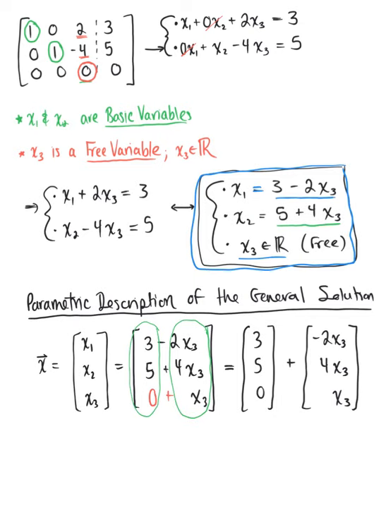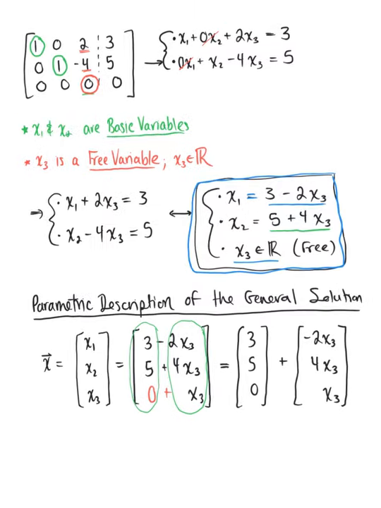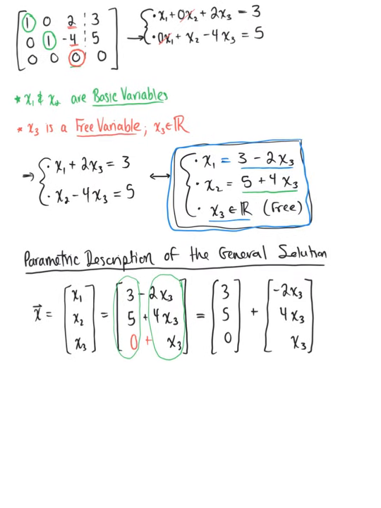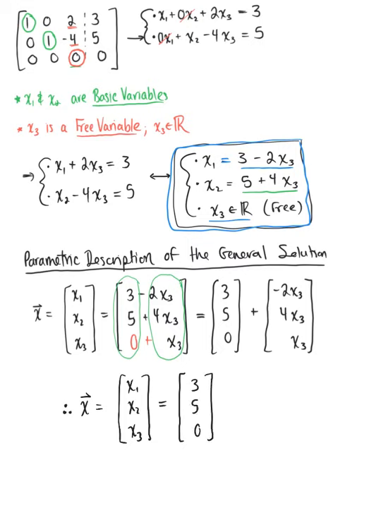But again, we wouldn't leave it like this. We wouldn't want to leave our final answer like this on a test. Wink, wink. You have to pull the free variable out. So your beautiful final answer, the parametric description, vector x sub 1, 2, and 3, is defined by the constant column 3, 5, 0, plus you have a scalar multiple in the x sub 3 column.